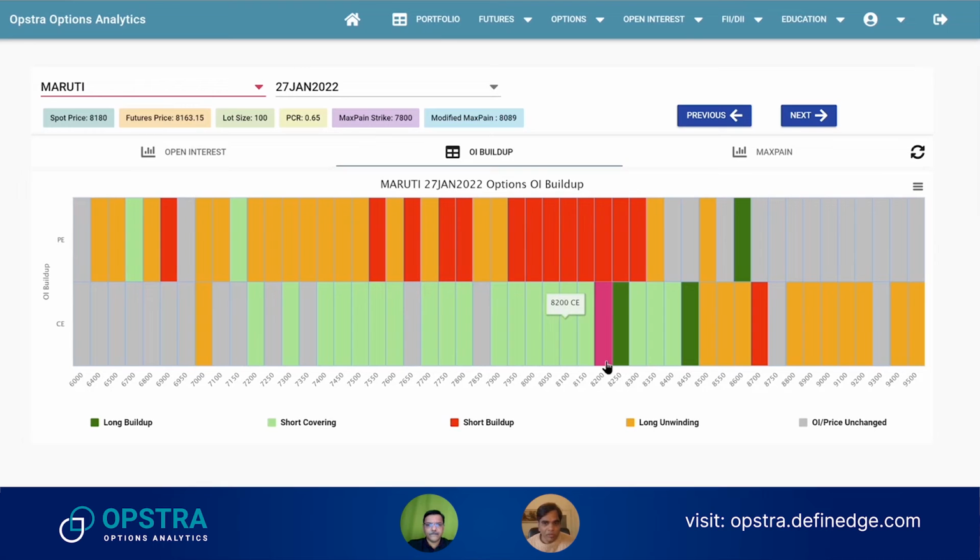There is a short covering of call options, which means as the price was going up, whoever shorted the call options is covering because they fear they may not be able to withstand an increase in the price action. The puts are also bullish, showing short build up and build up in put options. So both ways, it is indicating that it is bullish.